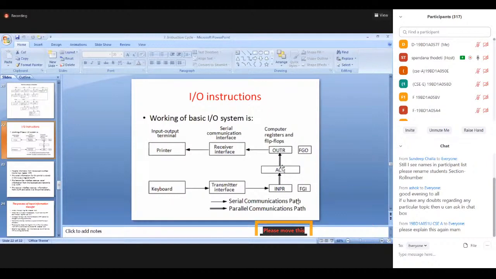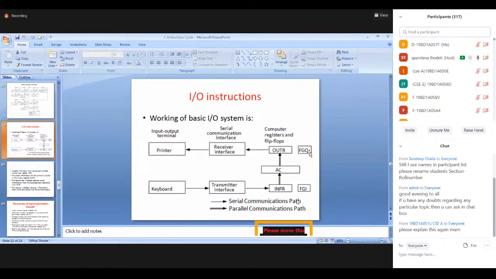So the data placed in the accumulator from INPR can be moved to the OUTR register when FGO is 1. Once the data is moved to the OUTR register, FGO is set to 0. Whenever FGO is 0, the OUTR register cannot accept the data from the accumulator.